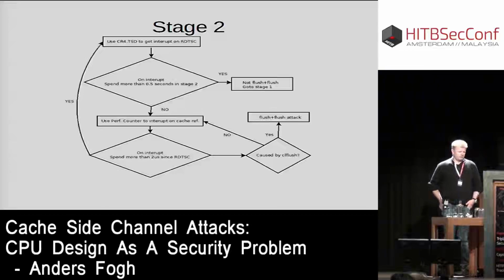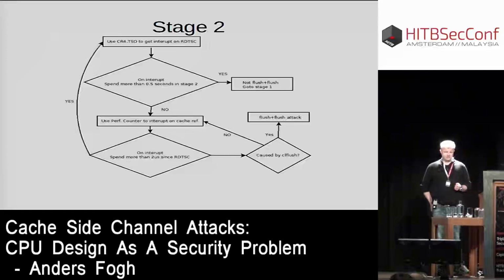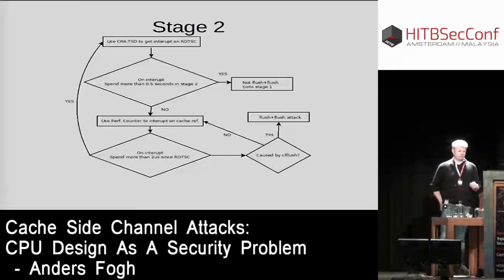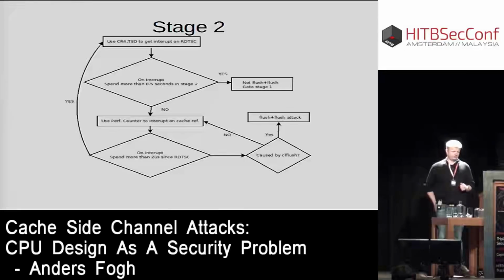Now, when we do get an interrupt on the reference event, we'll ask ourselves, did we spend more than 2 microseconds since the last RDTSC? And if we did, we know that this particular RDTSC instruction is not part of a CL flush attack, or it's the end of a CL flush attack. So we'll return to the first part of stage 2 and do the next RDTSC instruction.